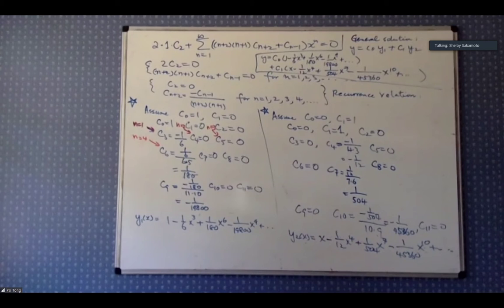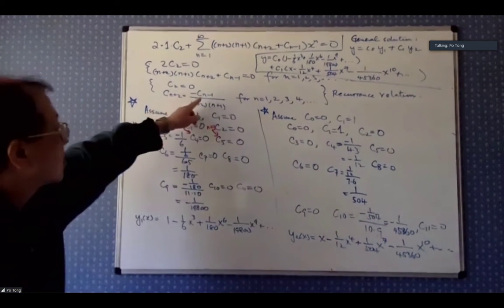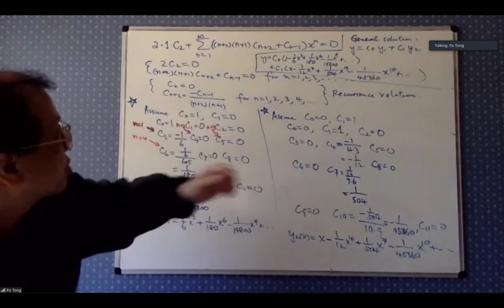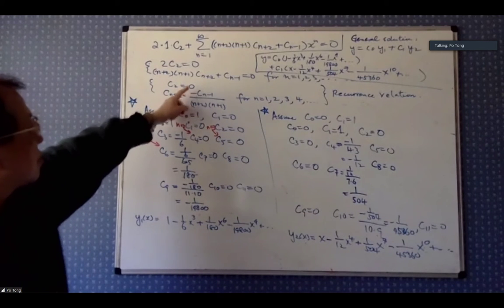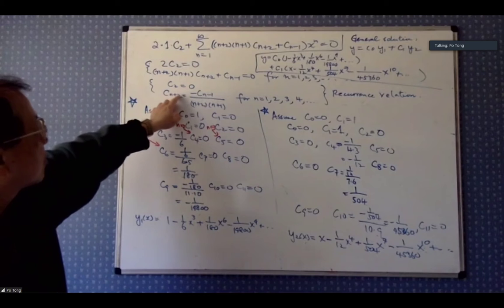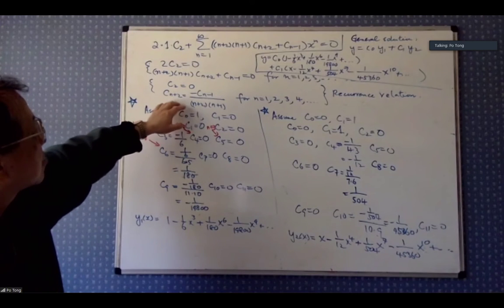Okay. I was just wondering, could we have solved for C(n-1) instead of C(n+2) for the recurrence relation? Mm-hmm. We just iteratively do this. So they are 3 apart. From C0, I'll get C3, C6, C9, and so on.